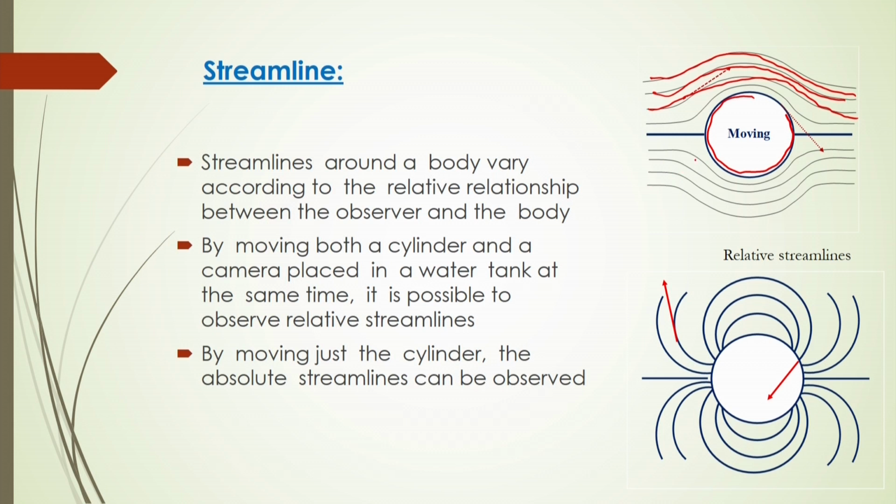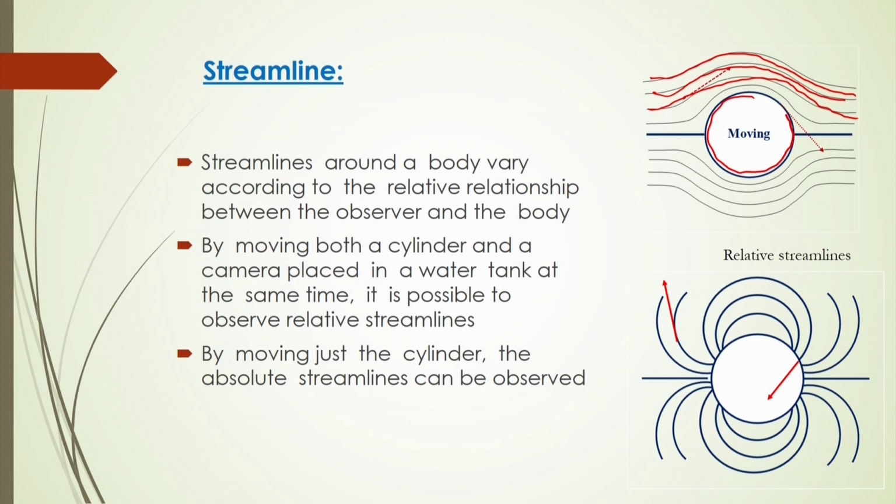In this case the movement will be relative to each other. So, if the movement of these solid particles is observed by the observer, then you will see the streamlines around a body vary according to the relative relationship between the observer and the body.